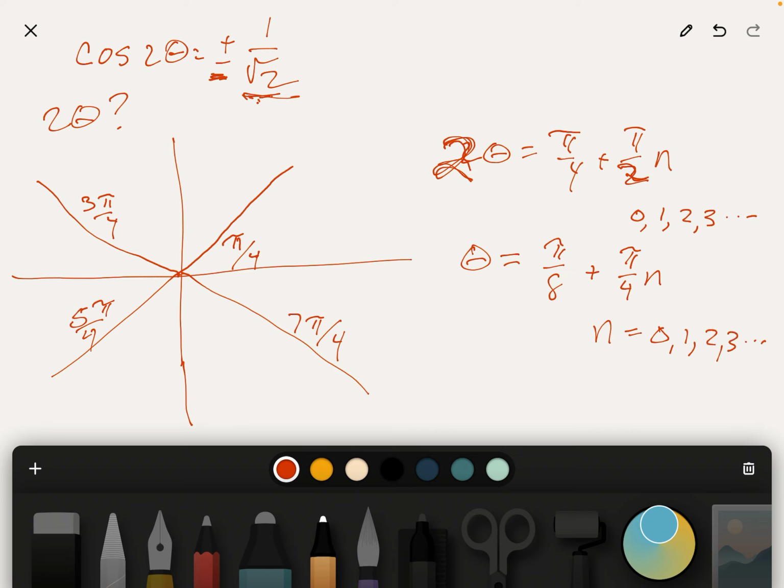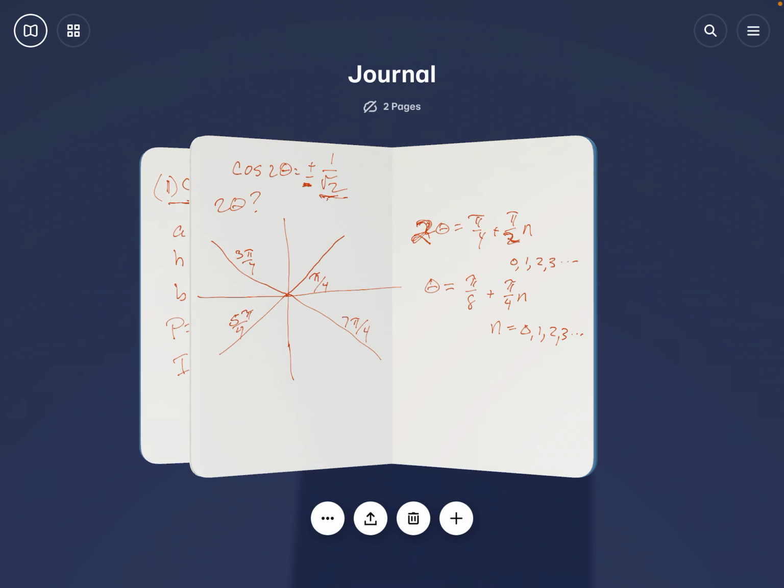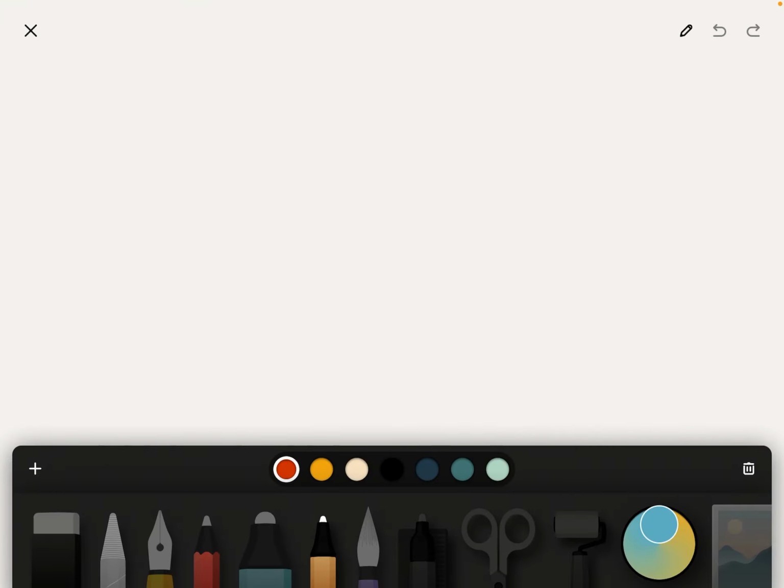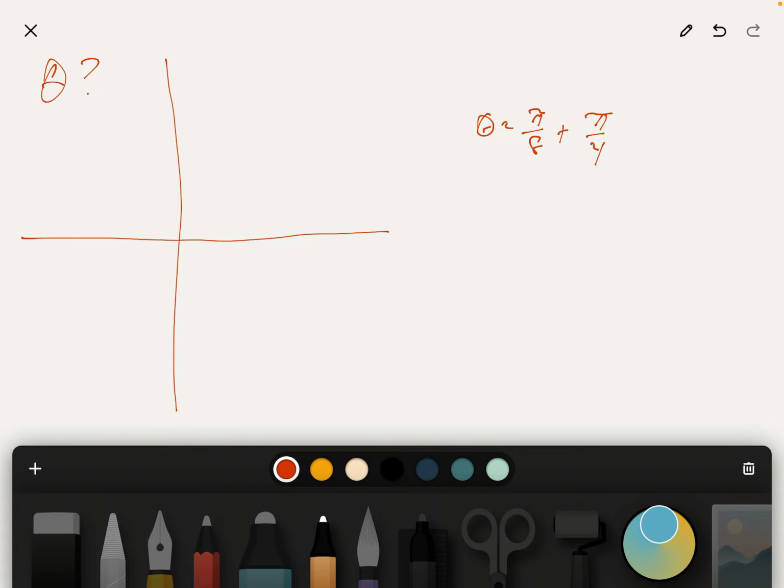But let's now look at that visually and figure out how many of those solutions will fit within our interval. So we're going to go one more page. So the question is, what can theta be? We said that theta can be pi over 8 plus pi over 4 times n.